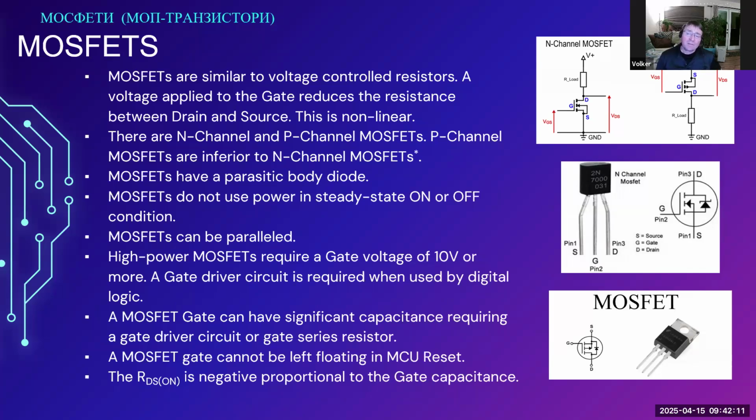Gate capacitances that I'm mentioning here are, for example, very small N-channel MOSFETs. For example, in the image in the middle, you can just barely see that is supposed to be a 2N7000. Gate capacitances are in the tens of picofarads, so that is not a problem to drive from a microcontroller.